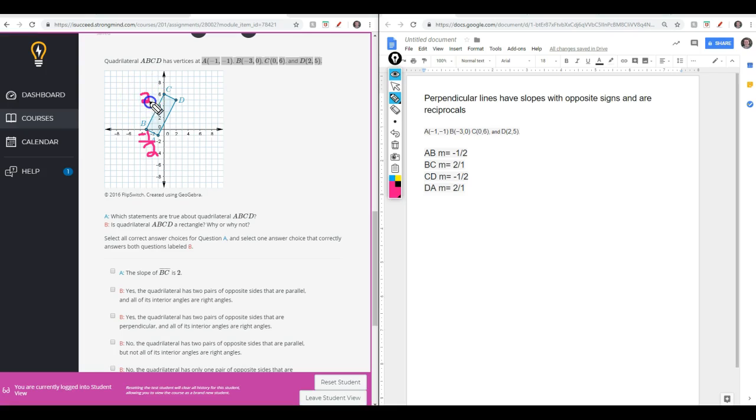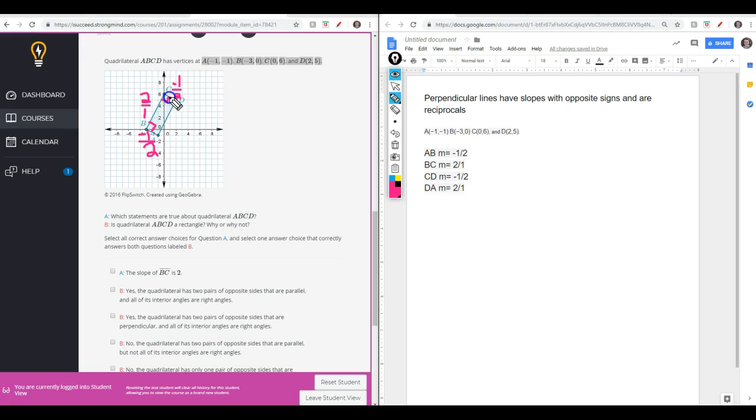BC is 2 over 1, so I'm already noticing that these adjacent sides have opposite signs and they are reciprocals. So that means this angle right here is 90 degrees. Then segment CD's slope was -1/2. So again, these adjacent sides, segment BC and segment CD, have opposite signs for their slopes, and they are reciprocals, which means it looks like they were flipped on their heads of each other.